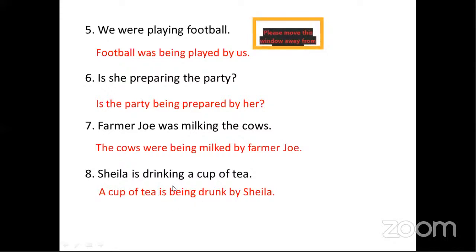What's the past participle verb of drink? Drink, drank, drunk. A cup of tea is being drunk by Shayla. So that is the affirmative of the present continuous tense, the answer for the 8th one.